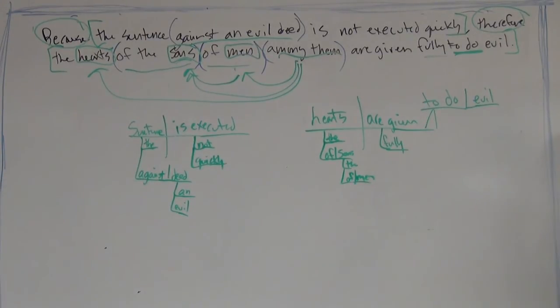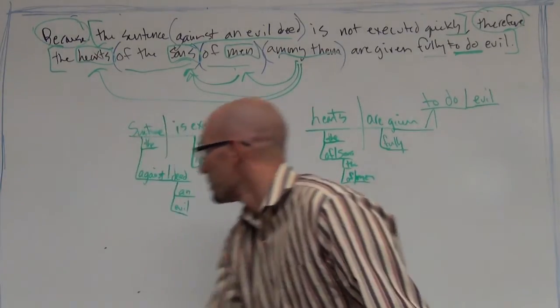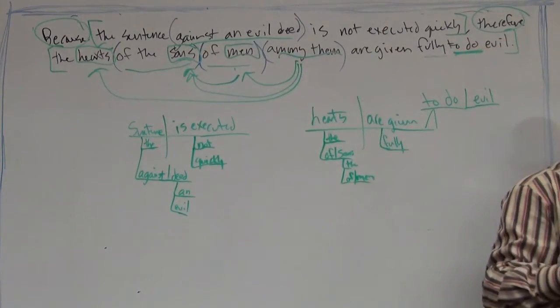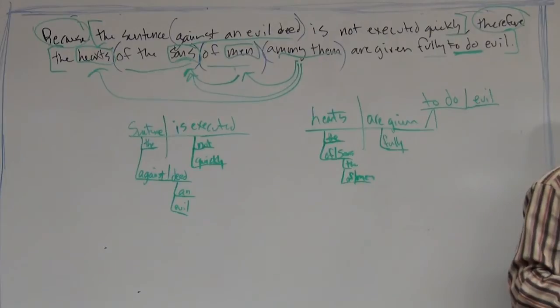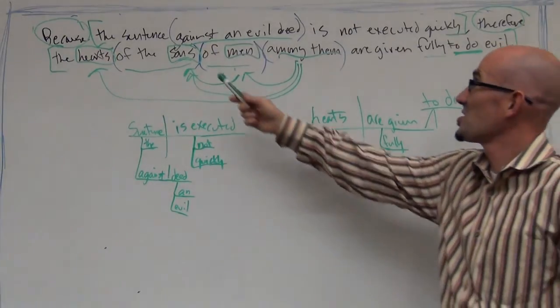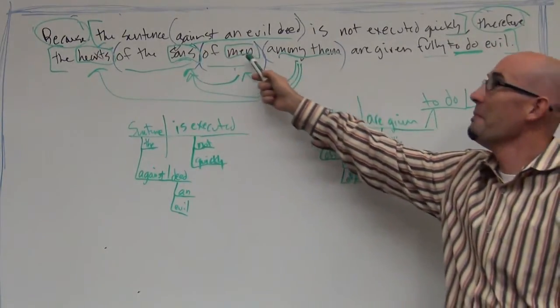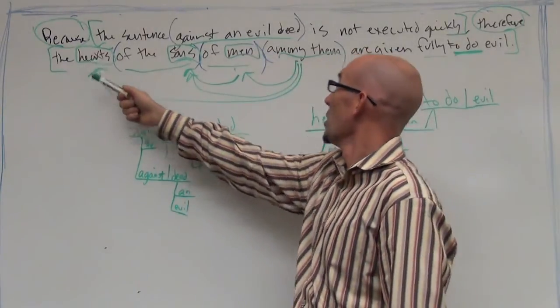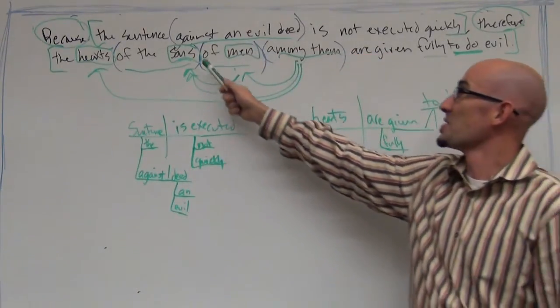Isn't that sons? So, is it men who are among them, and "them," we don't know who "them" is? Or is it sons who are among men? Or is it hearts which are among the sons?